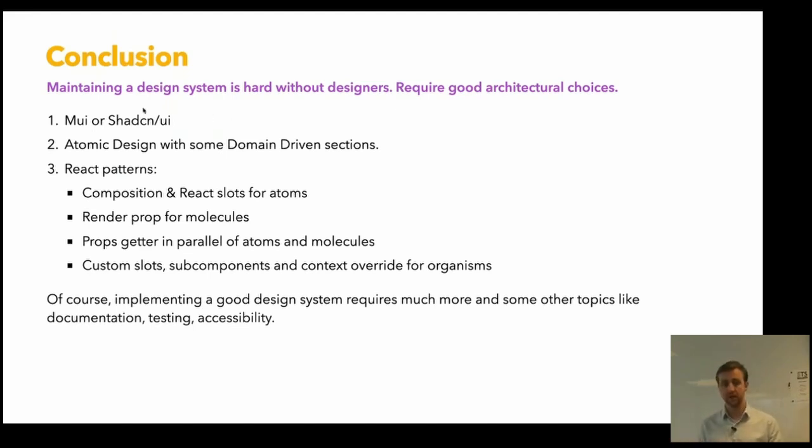But for example, prop getter is what you find the most, while for the custom slot and subcomponent, the names are not very clear. You see them in the MUI documentation, but you don't see them in some other places. So don't stick too much to the names, but if you think it might be useful for you at some point, just say, okay, I'm going to use this hack with a hook, and that's going to work.